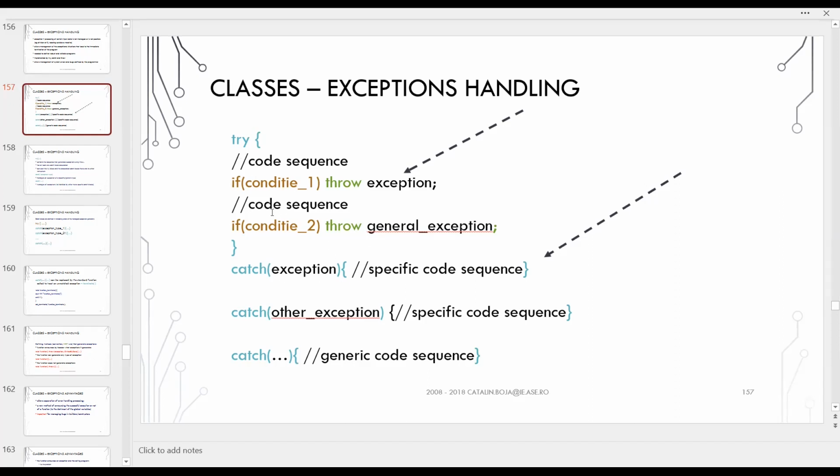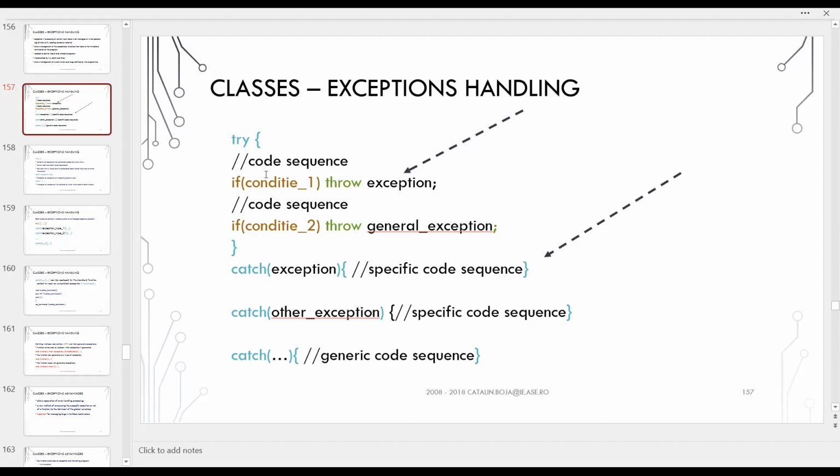Okay, so how does this work? You have this try block, and try means try to do something that may generate an exception. So in a try block, generally we do something where there is a probability that it will crash. After the try block, you have these functions, and they are called catch. Why?